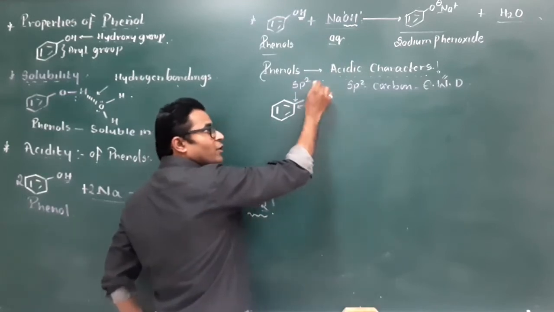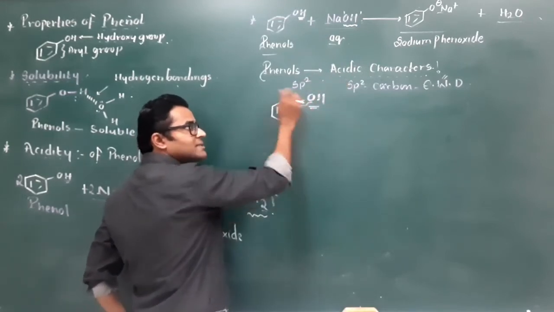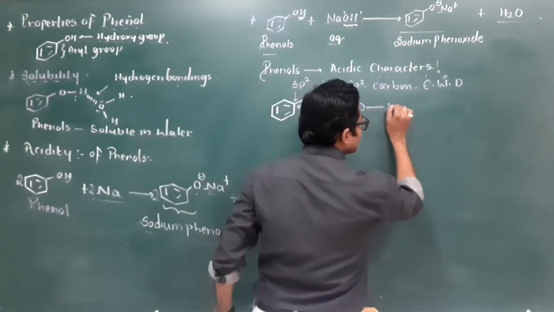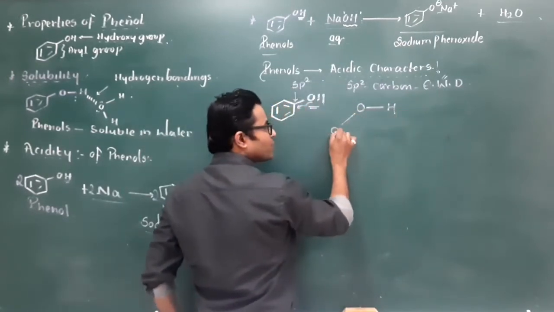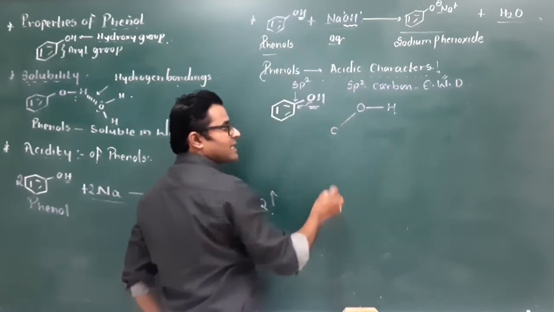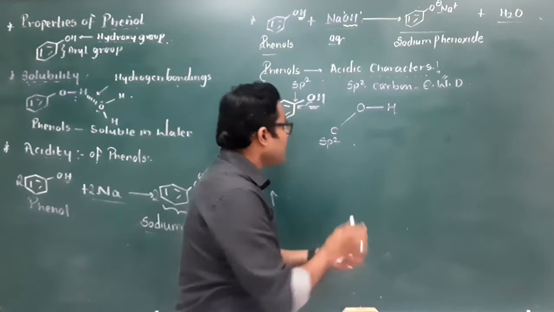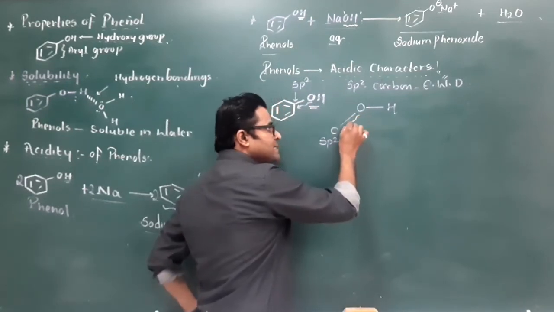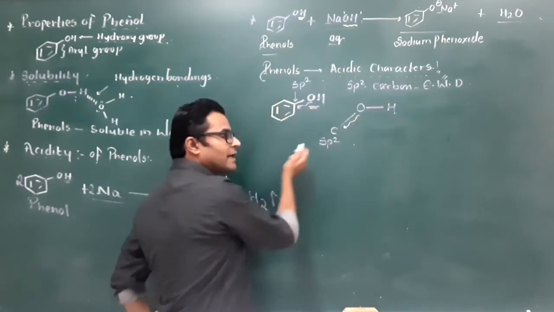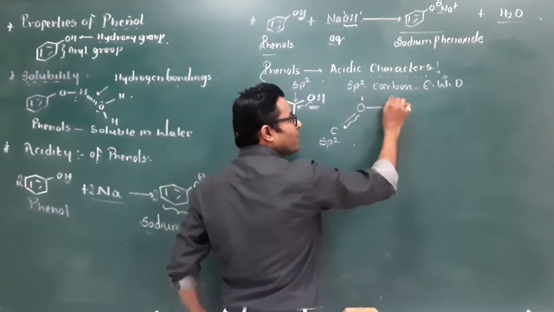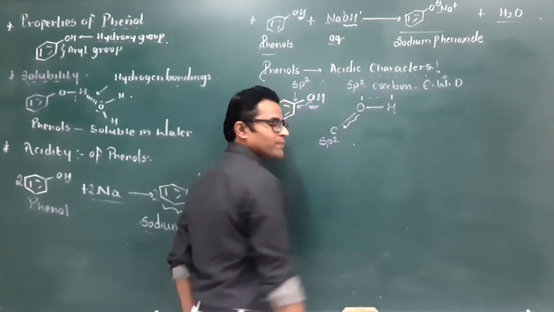Because the electrons are dragged towards this particular phenyl system, the oxygen and hydrogen bond, what is connected to the carbon, this carbon of course is an sp2 hybridized carbon of the ring, right? Now as this carbon drags the electron towards itself, it generates polarity between the carbon and oxygen.